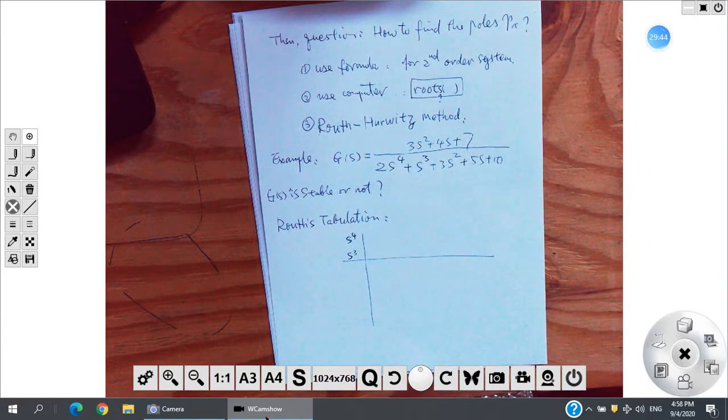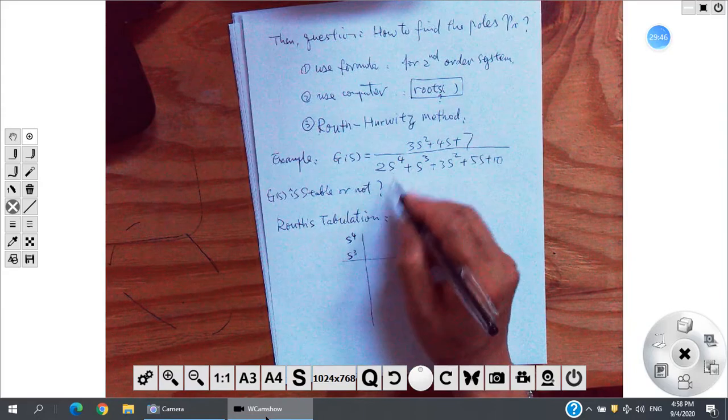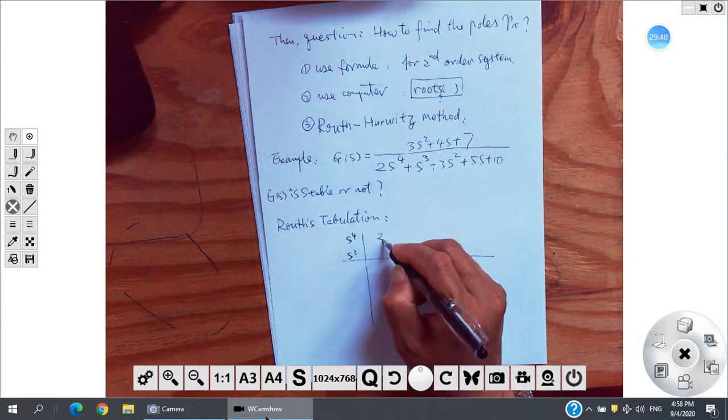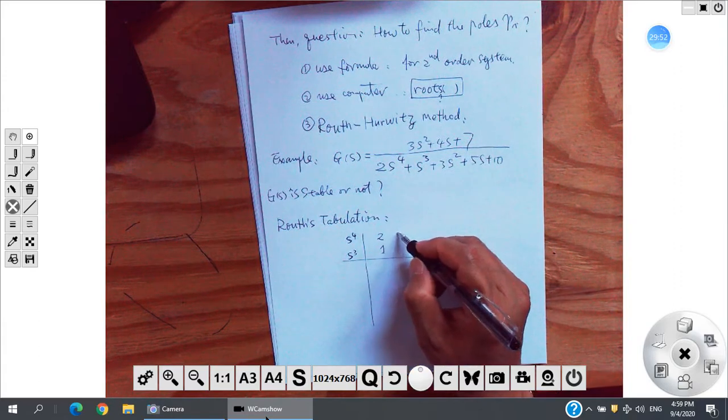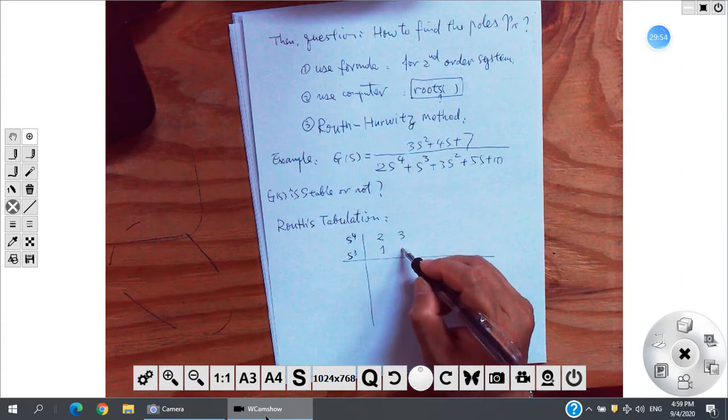And coefficients. 2, you put 2 here. Then 1, you put 1 here. Then 3, you put 3 here. Then 5, then 10.